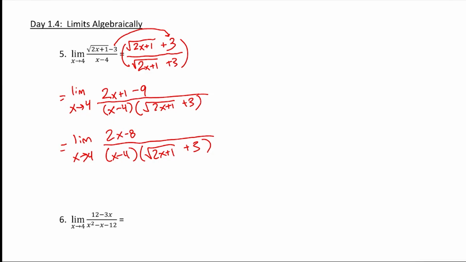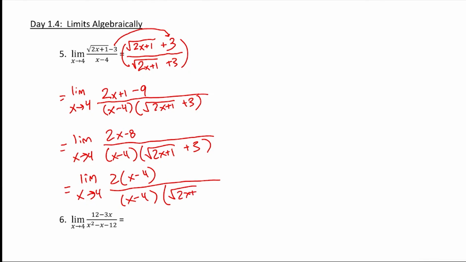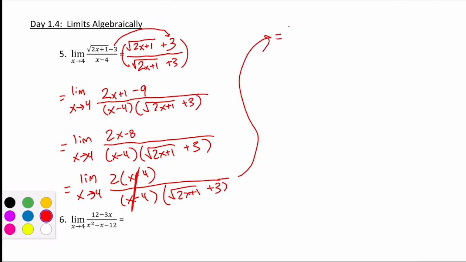But I can factor out a 2 in that numerator. So I get 2 times x minus 4 over x minus 4 times that expression with the square root. And now I can reduce that x minus 4. That was the whole point of doing the conjugate thing. Those cancel out. So this is going to equal the limit as x approaches 4 of 2 over the square root of 2x plus 1 plus 3.